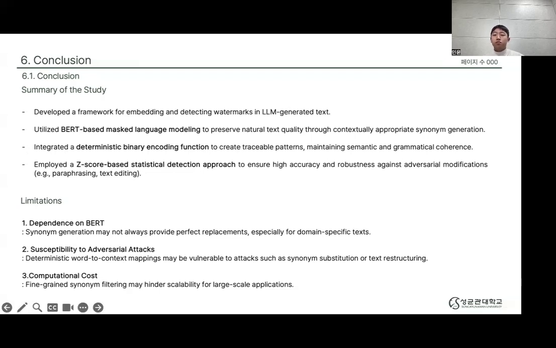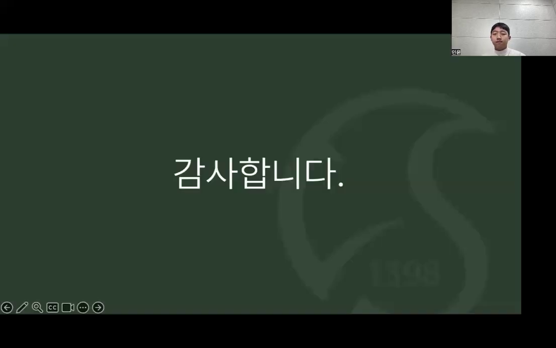A deterministic binary encoding function based on SHA-256 hashing creates traceable patterns, and Z-score-based detection ensures high accuracy and resilience to adversarial modifications like paraphrasing. Despite limitations such as dependence on BERT, vulnerability to adversarial attacks, and computational costs, this framework lays a strong foundation for advancing watermarking techniques in AI-generated content.